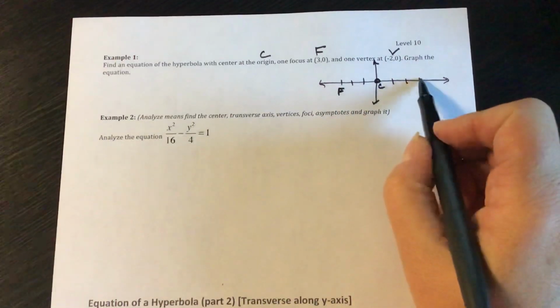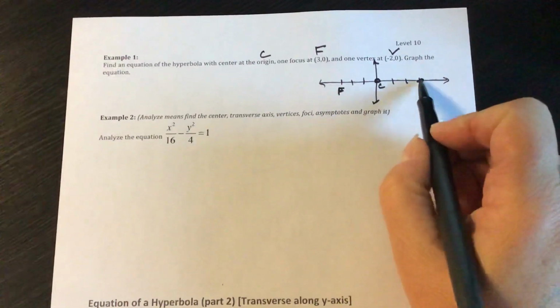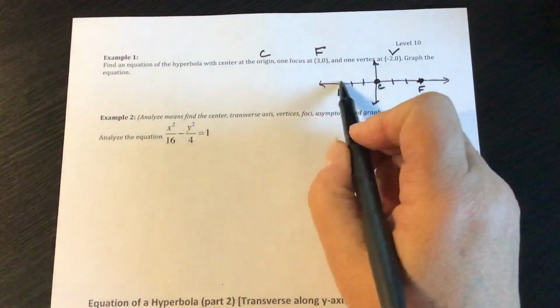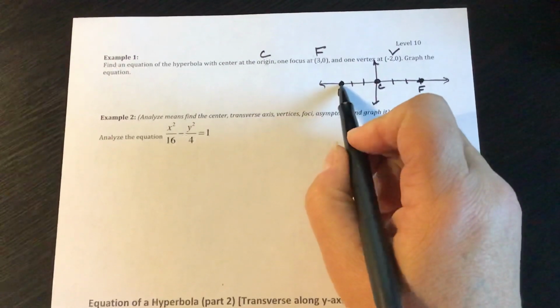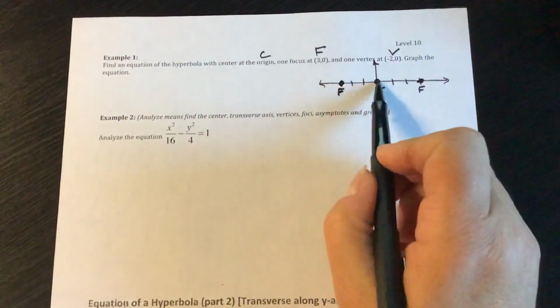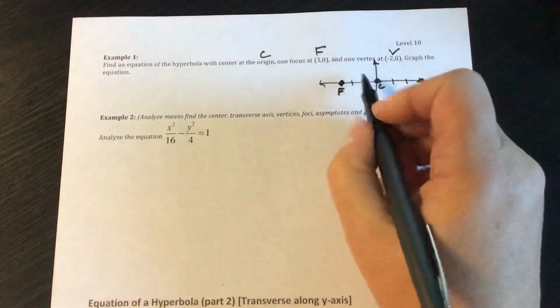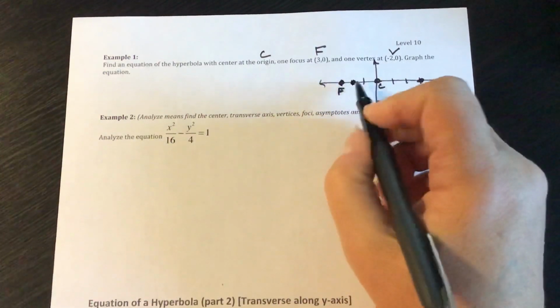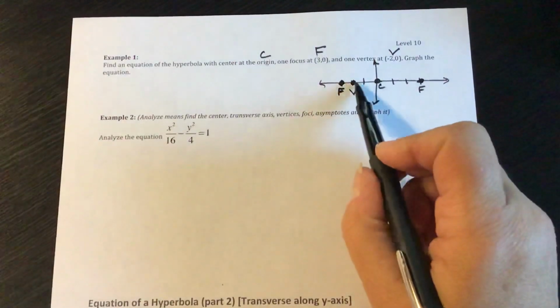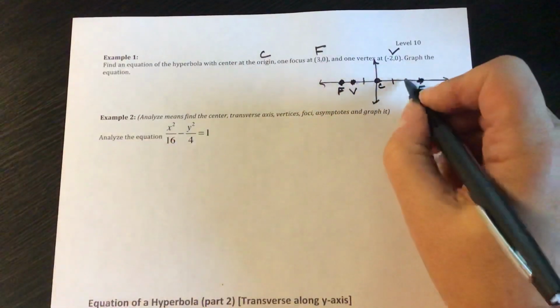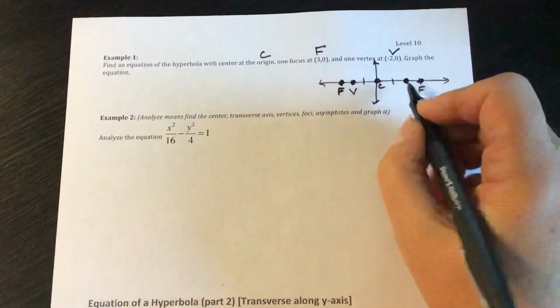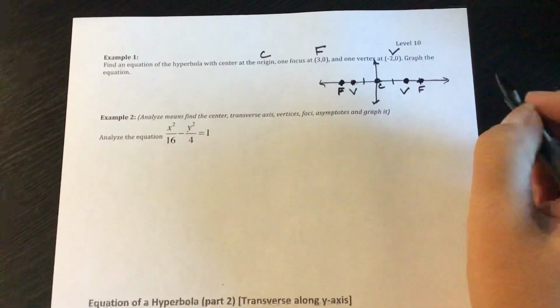Okay, so when I had a focus at 3, 0, just like with the ellipse, I drew another focus automatically on the opposite side with the same distance away from the center. And if a vertex is at -2, 0, I'm going to do that as well. Reflect that over the center, same distance, and I have a vertex here.